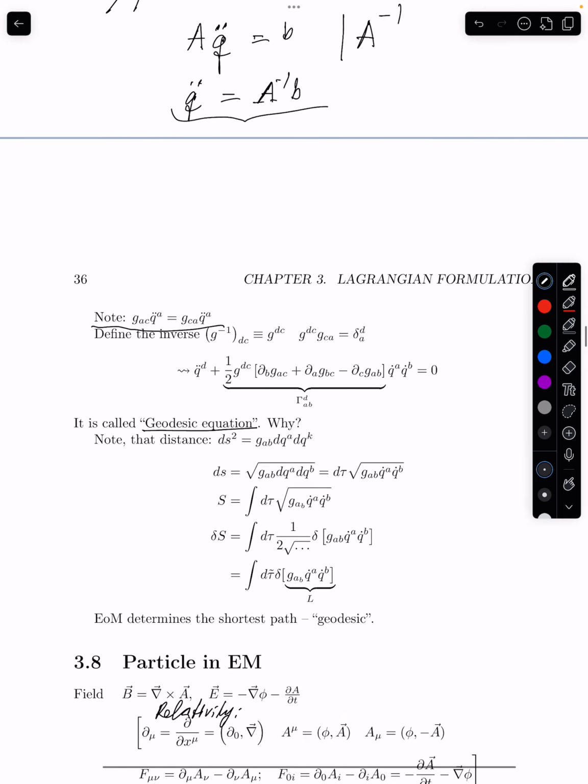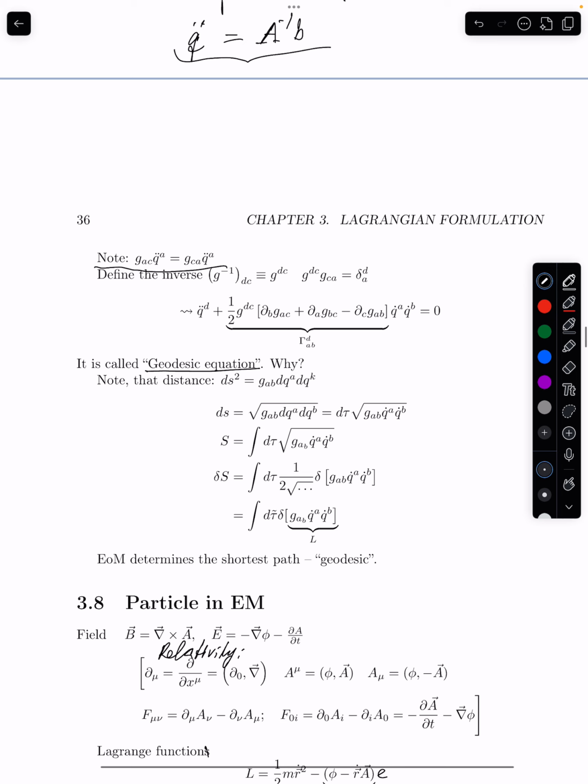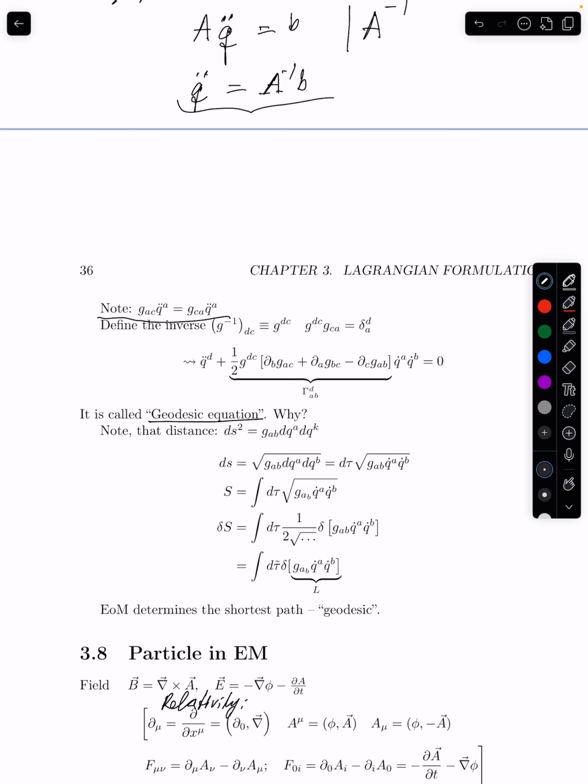And the same we are going to do here. We are going to multiply both sides by the inverse of this matrix G. I'm going to denote the inverse by G with these upper indices. This is just notation that I'm going to introduce, a commonly accepted one.